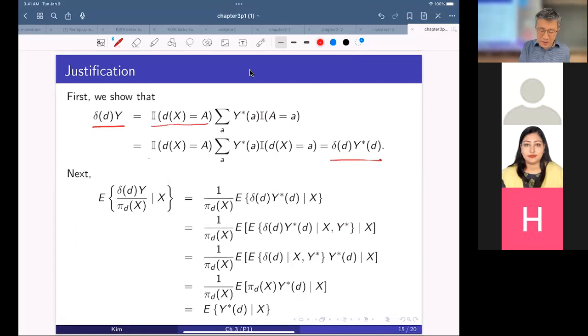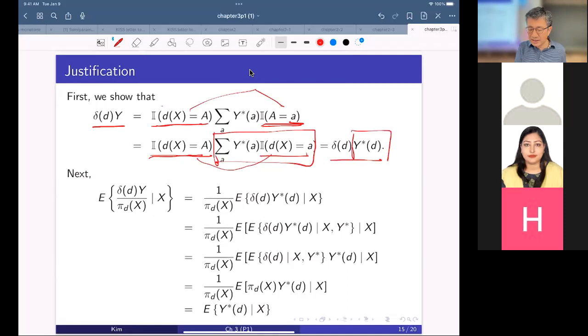So basically we only care about the situation where these two are equal to 1. Then this event is equivalent to this event, right? So once you write it this way, this guy is Y star D.